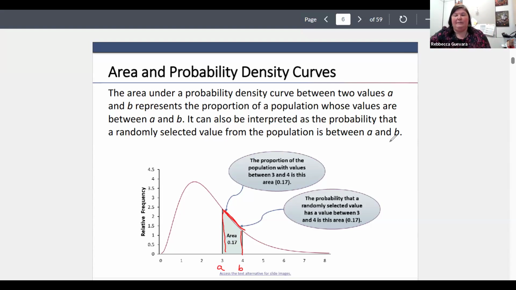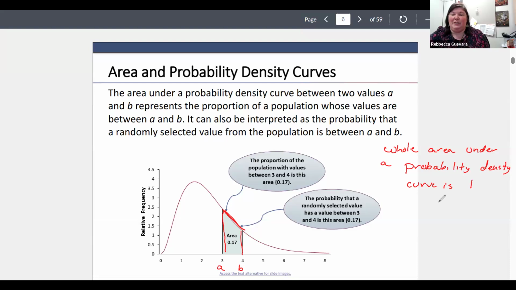Cumulatively, the whole area under a probability density curve is always going to be 1. The reason that's 1 is because of the probability density curve.